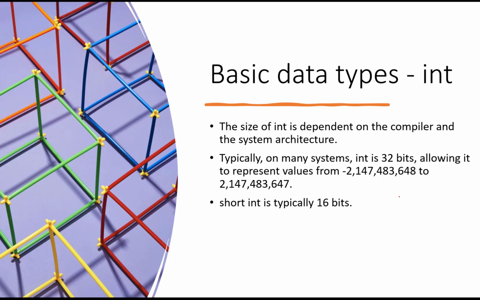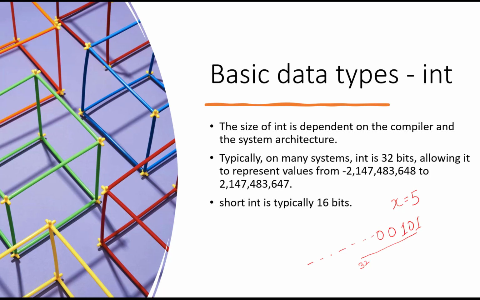Suppose you declare a variable x whose value you save as 5. Now how do we represent 5? 5 is 1, 0, 1, right? 32 bits are reserved, so in total these bits will be 32.